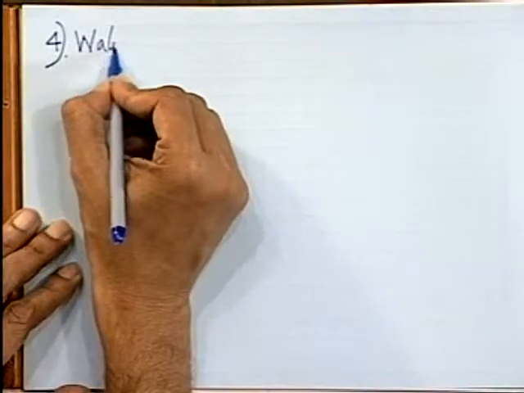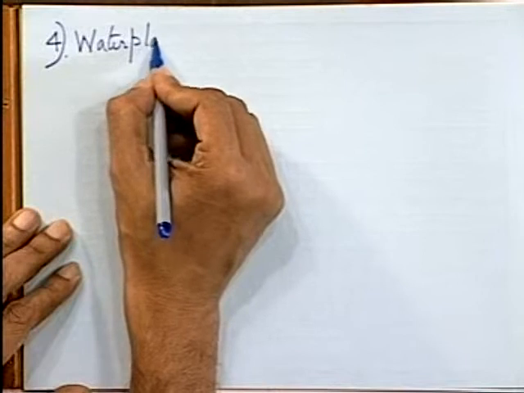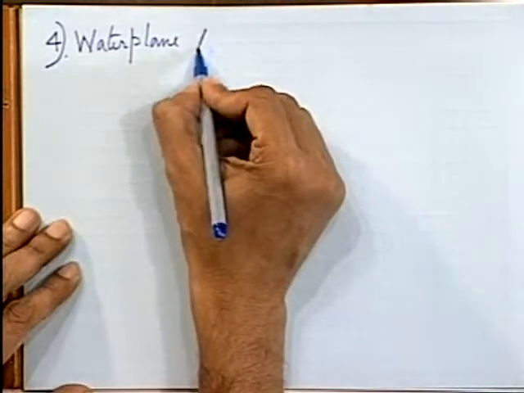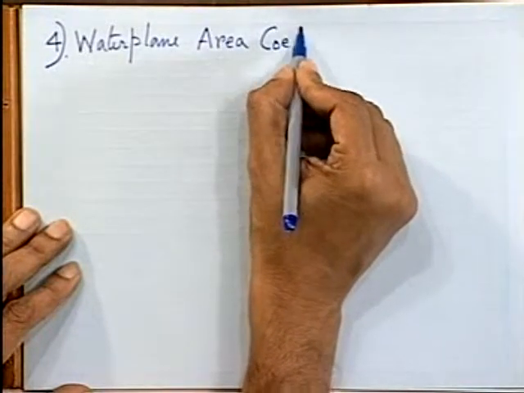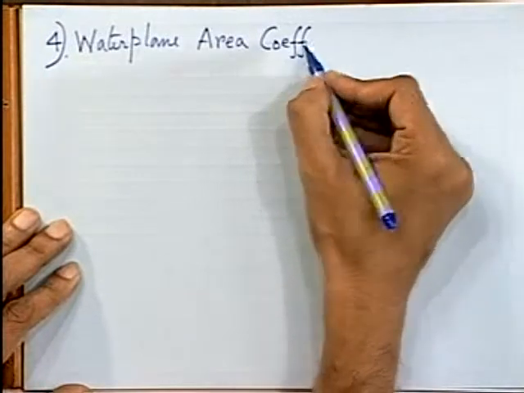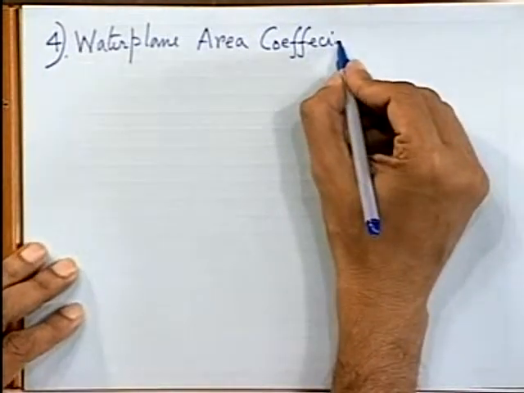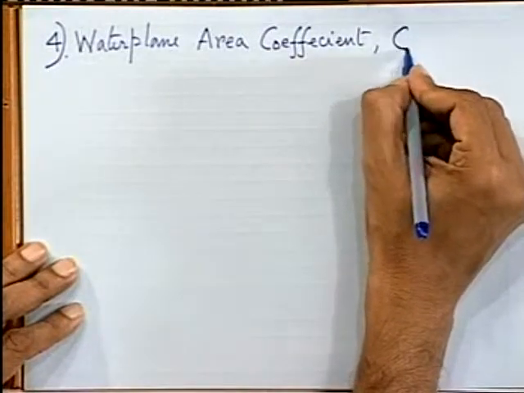There is another coefficient which is called the water plane area coefficient. It is normally written as Cw.